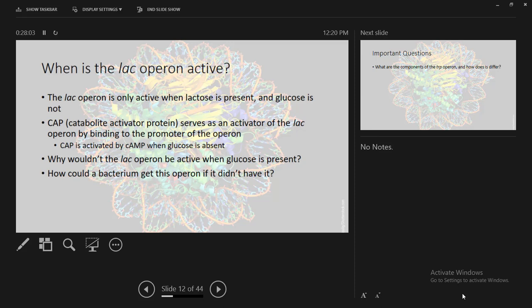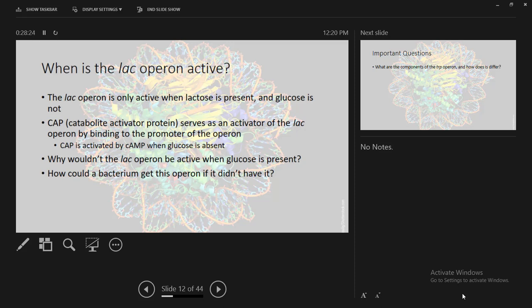And so we've already talked about this a little bit, but why wouldn't the lac operon be active when glucose is present? Yeah, because then you'd be wasting unnecessary energy. Yeah, I mean, you'd be wasting energy to break down a sugar when you have plenty of glucose that's already present and much easier to metabolize.